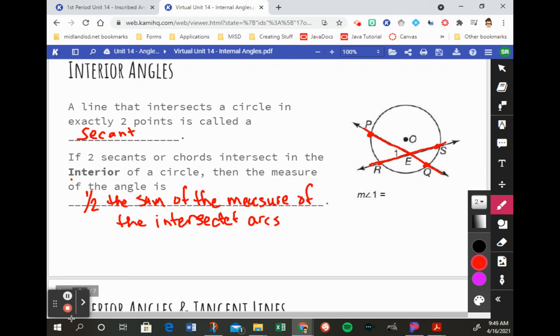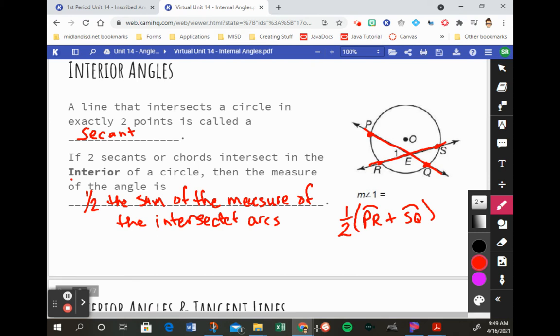So measure of angle 1 would be 1/2 of arc PR plus arc SQ.